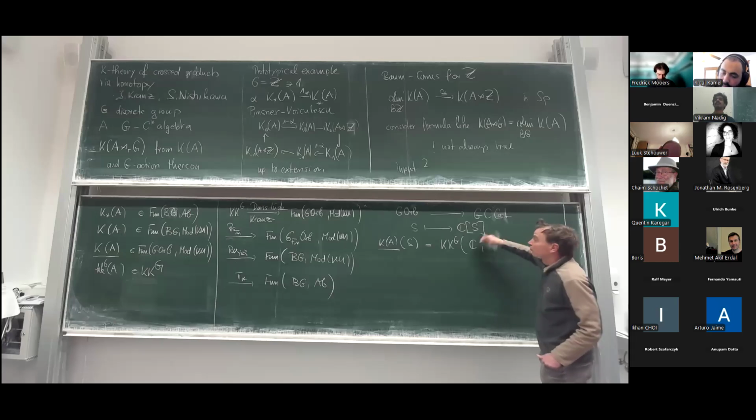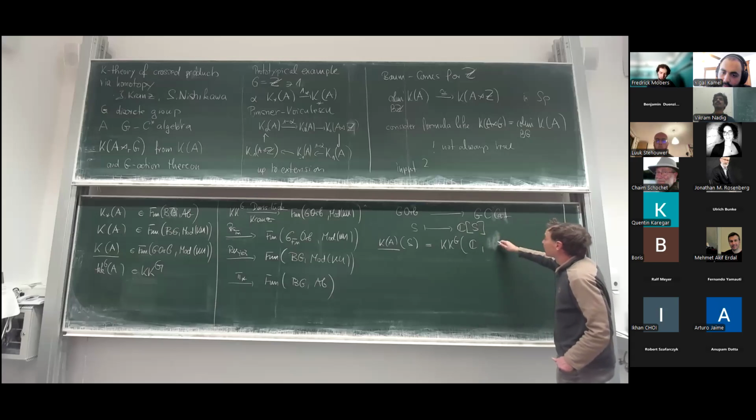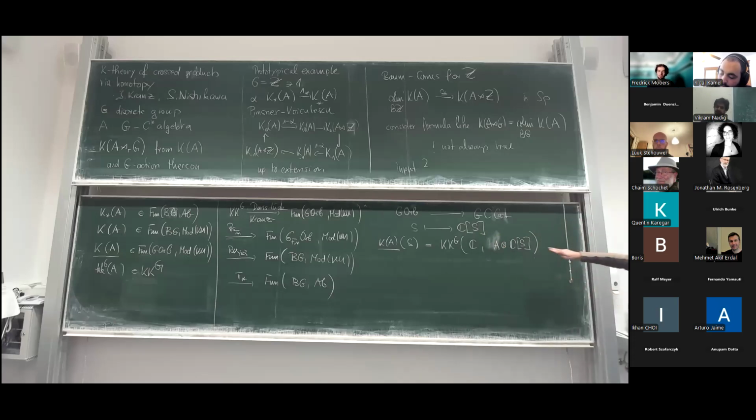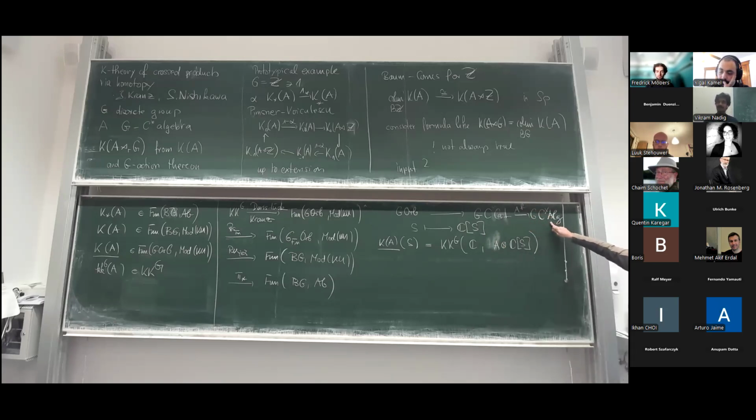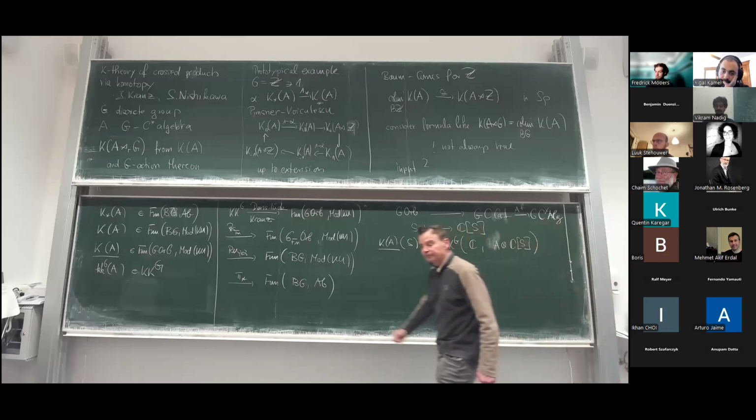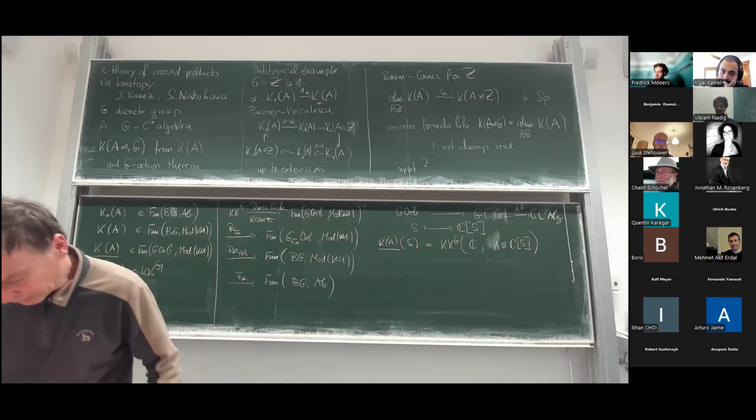Maybe I don't write the functor here, so I just tensorize A with this category. Note that I evaluate the KK theory on the C-star categories, so there's a natural extension to G. There's a natural functor called AF, introduced by Michael Joachim, which maps C-star categories to C-star algebras, and this is implicitly used to insert the C-star category in KKG. So this is the Davis-Lück functor.